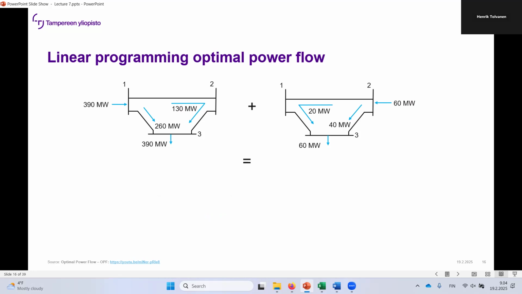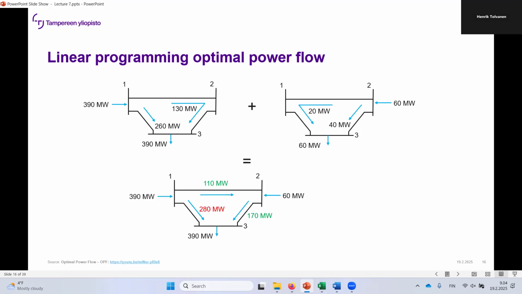And again, if you have 40 megawatts in here, 130 megawatts in there, between 2 and 3, you're going to add them together, you're going to get 170 megawatts. And from here, between 1 and 3, it's going to be 260 and 20. So we have 280 megawatts.